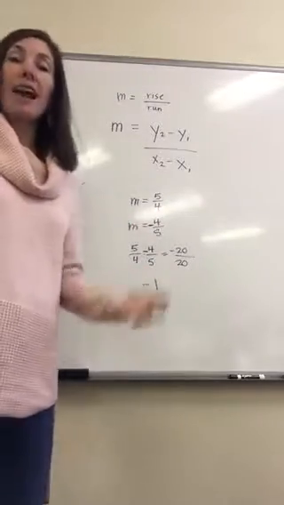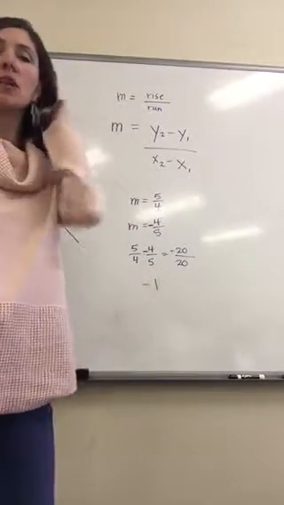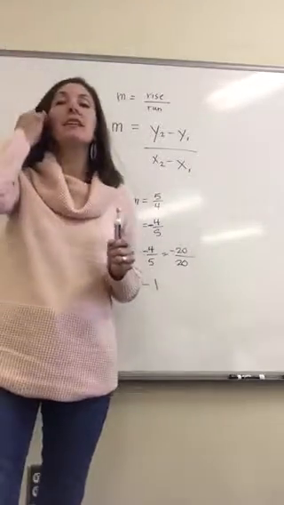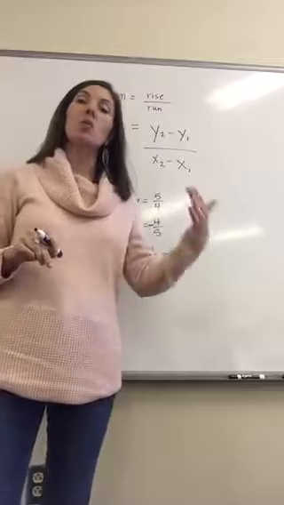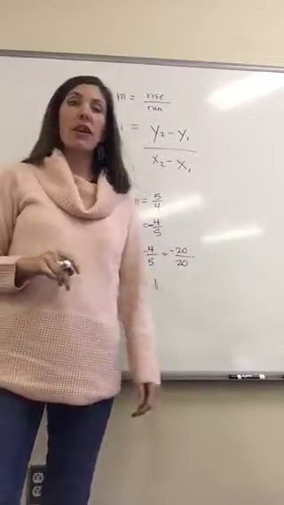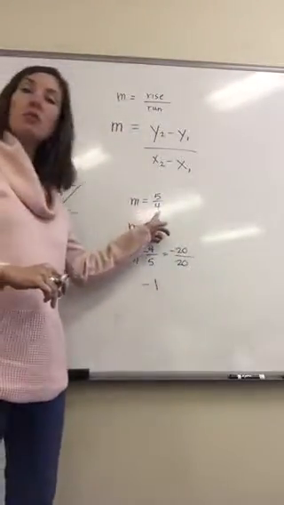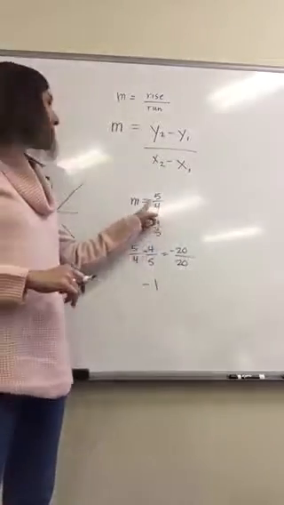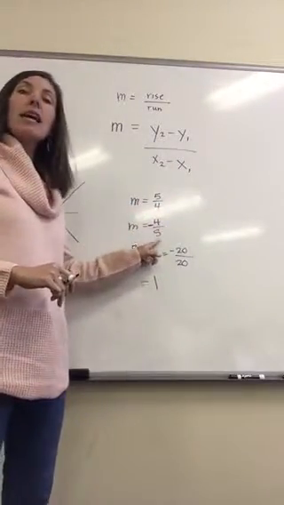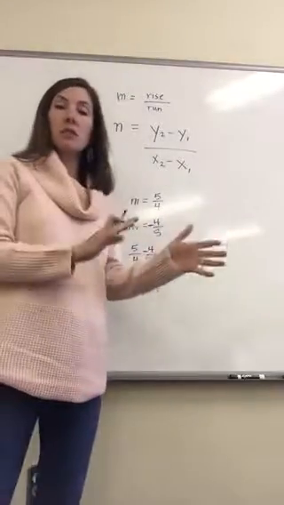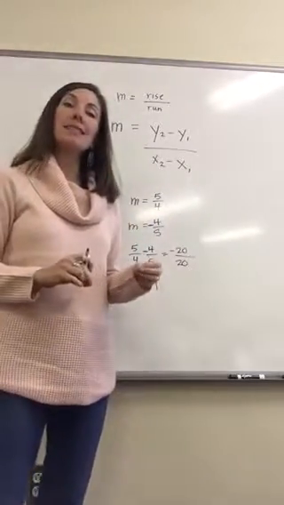Another way, and this is the way that I tend to think about it more, is that when we have perpendicular lines, their slopes are opposite reciprocals of each other. Hopefully you remember that a reciprocal is an upside down fraction. So if we have the fraction 5/4, its reciprocal is 4/5. And when we say the opposite reciprocal, we're talking about the opposite sign.